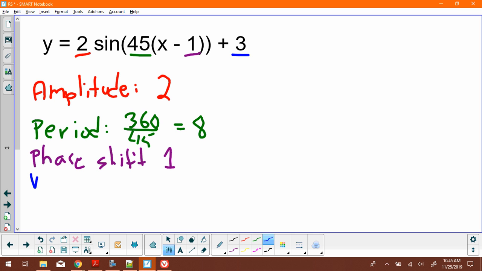So the vertical shift is tied to the center axis. So now we have all those pieces. We have information to make a rough sketch of the graph.